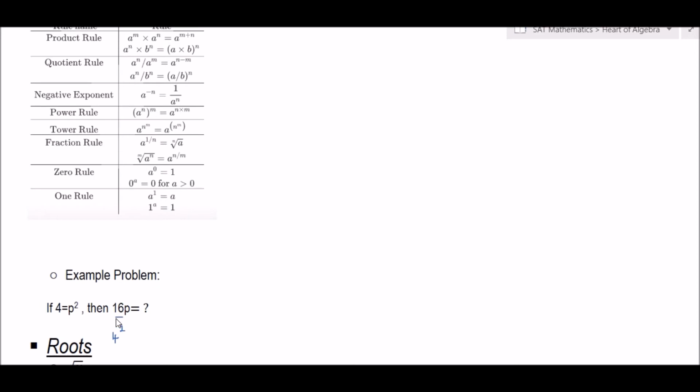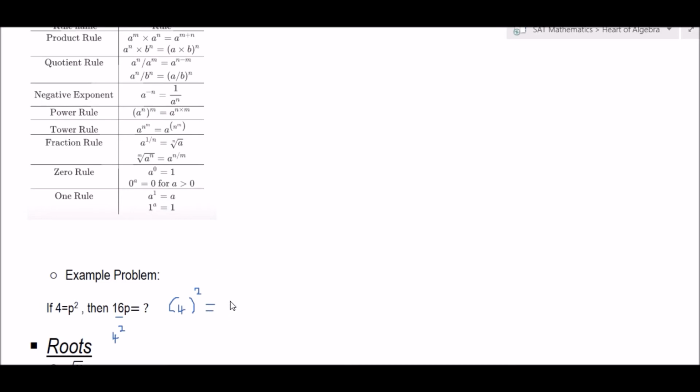Alright, now let's work on this part of the question. If we want 4 squared to appear here, we have to square this. So if you do that, you'll get this 4 squared. And remember that when you do anything to one side of an equation, you always have to do it on the other.